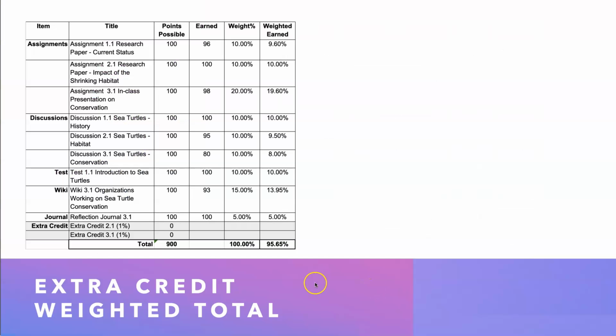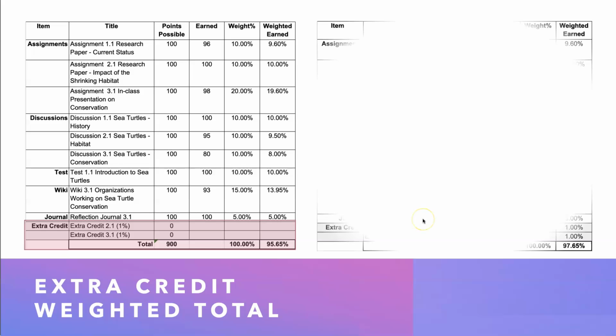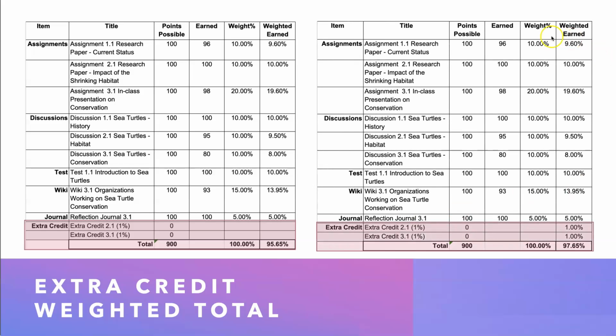So in this example, you can see that the student earned a weighted grade of 95.65%. When we add the earned grades of 1% for the extra credit, we would arrive at 97.65%. Now let us see how we can set this up in Blackboard.